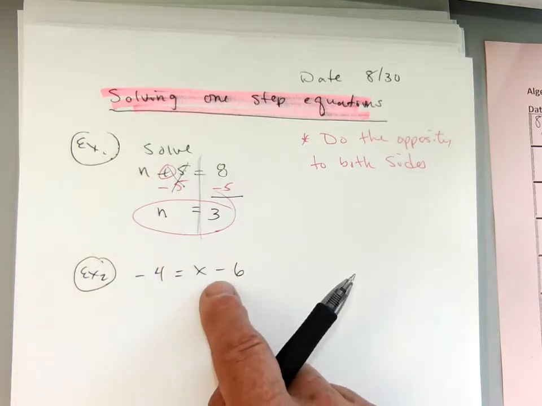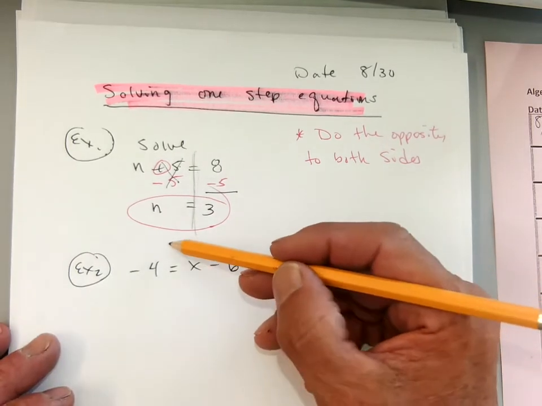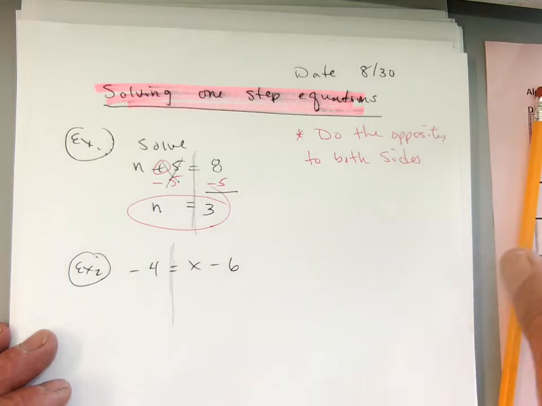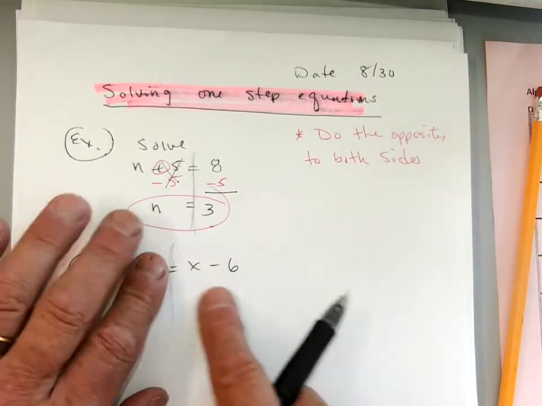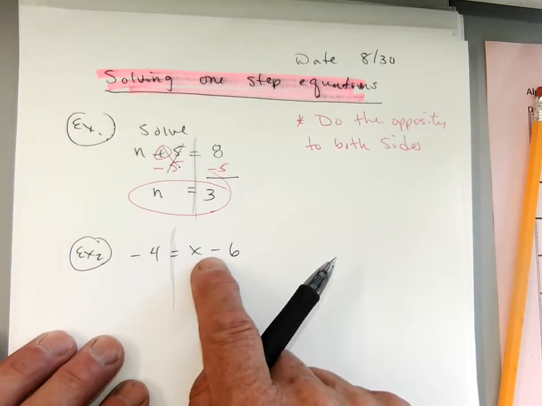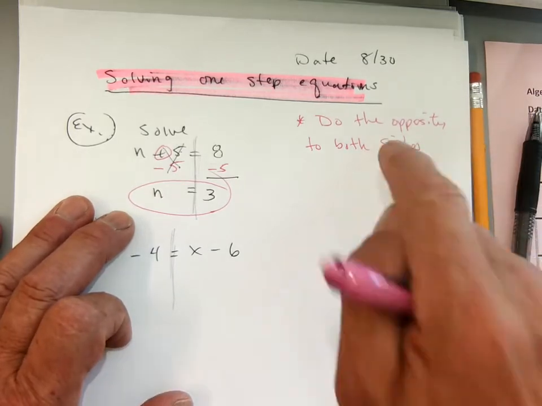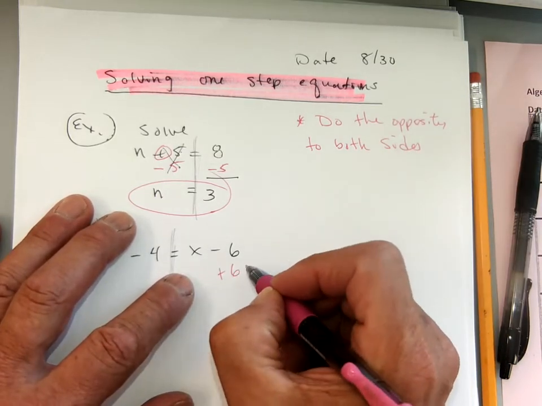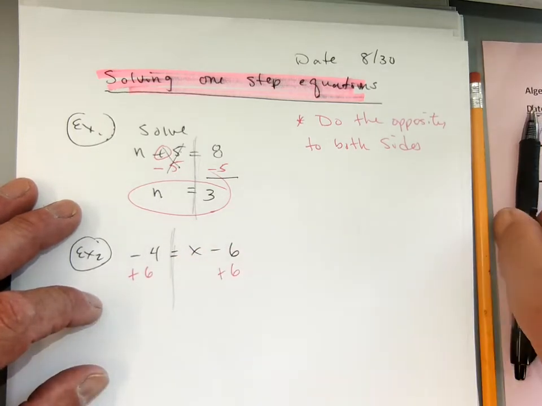It's just a number. So I see two parts of my equation going through the equal sign, and I want to do the opposite. Now, even though the x is on this side, we're still going to do the opposite to the 6. This is x subtract 6. So I'm going to do the opposite of subtract 6. I just add 6. And I come over to this side, and I add 6.